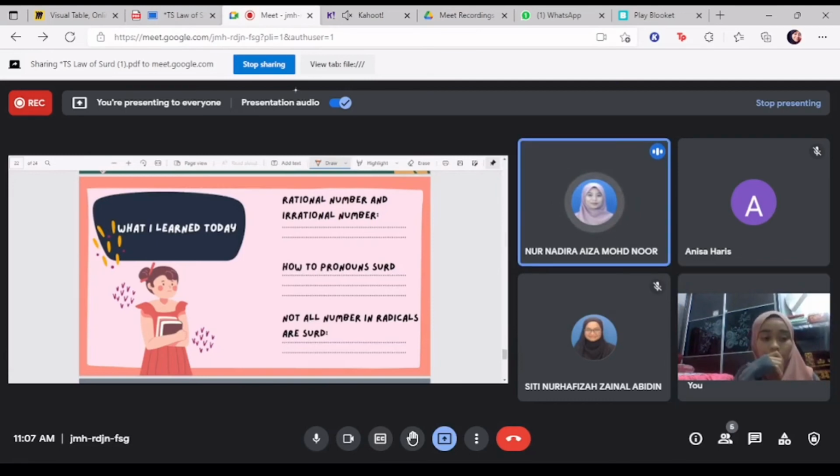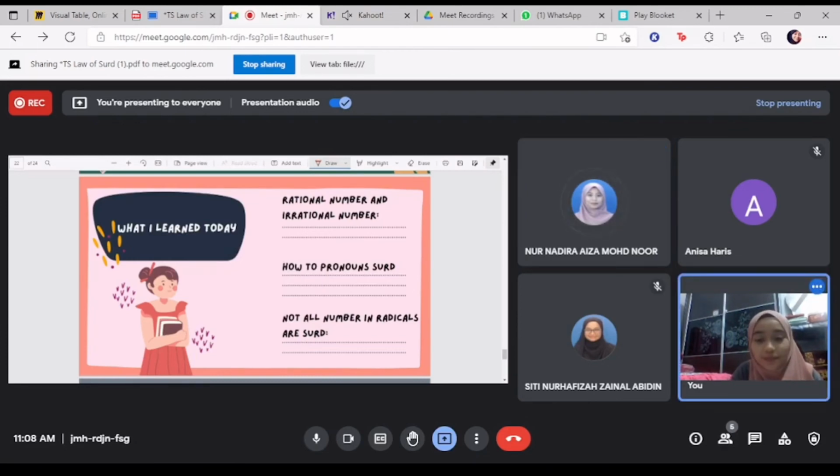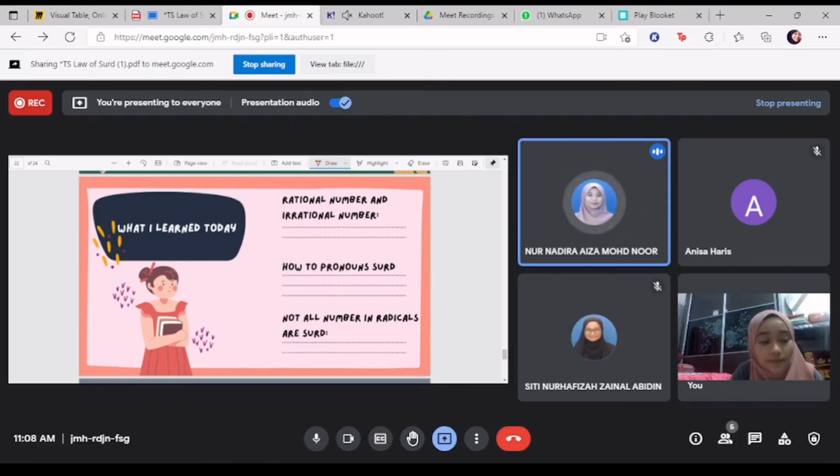A rational number is a decimal number that can be converted into a fraction, and the denominator cannot be 0. Yes. And an irrational number has an infinite decimal expansion with no regularly repeating digit or group of digits. Okay, correct. 10 stars for you.